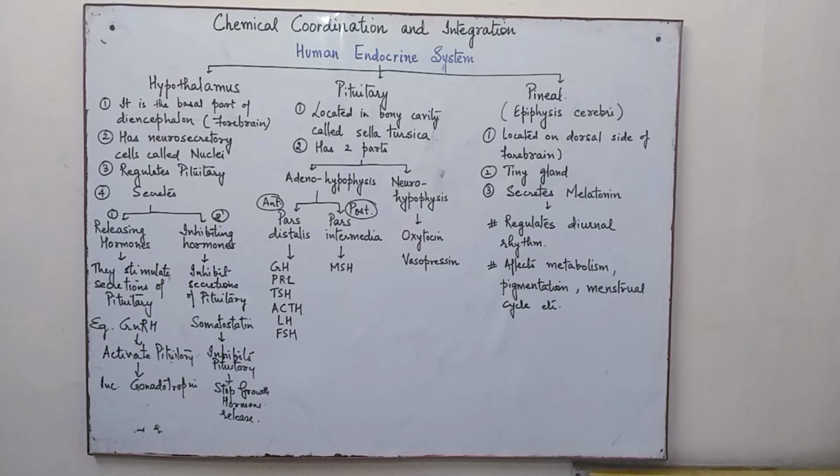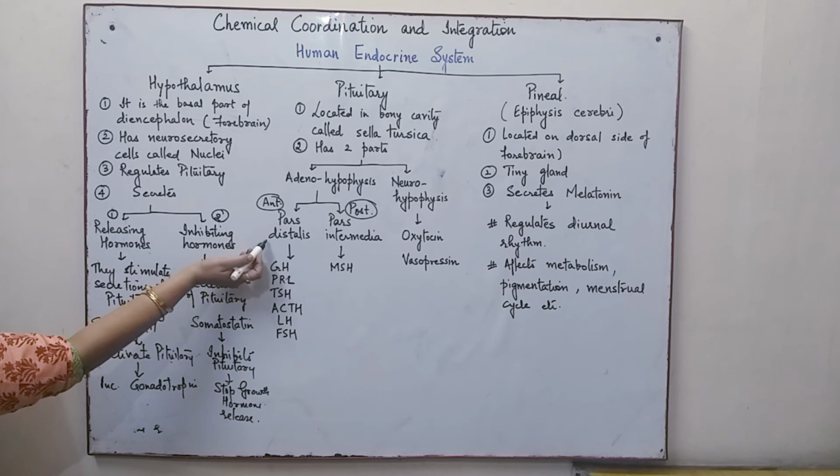Now, these hormones reach the pituitary gland because hypothalamus is closely associated with the pituitary. Both the glands are associated, and it is connected through a portal circulatory system, which is a part of systemic circulation, and it regulates the function of anterior pituitary, that is pars distalis.